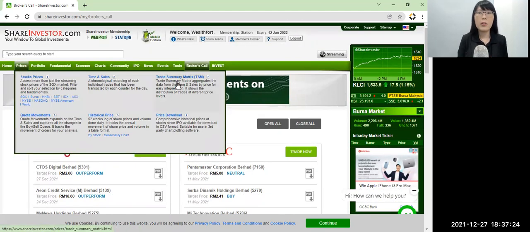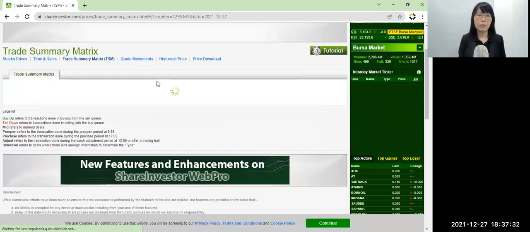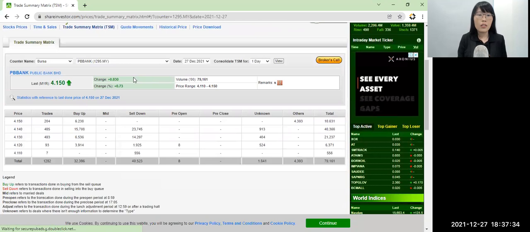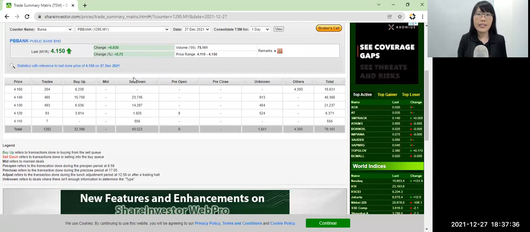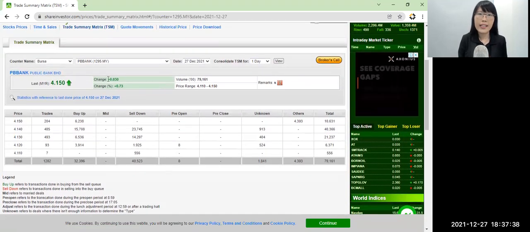Now, I want to show you the next function, which is a trade summary matrix. You will find the price at which transactions happened for one particular single day.